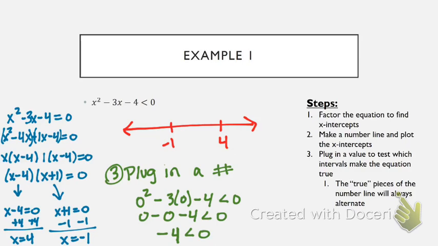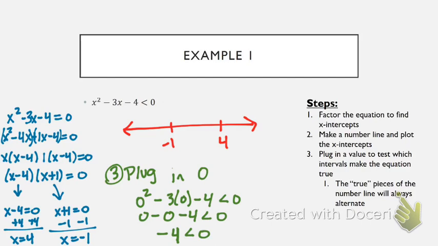It says to plug in a value to test which intervals make the equation true. So I plugged in 0. When I plugged in 0, my inequality says negative 4 is less than 0. Think in your head, is negative 4 less than 0? The answer to that question is yes.